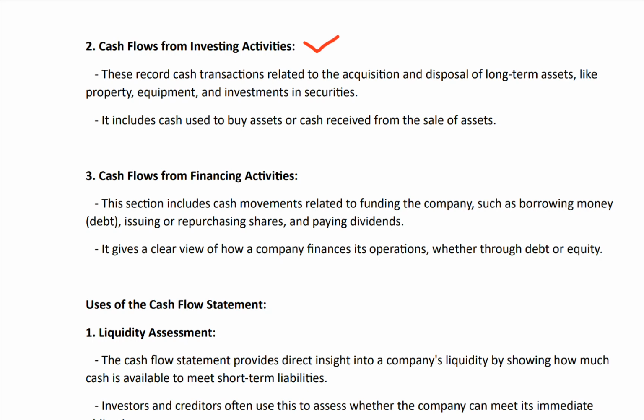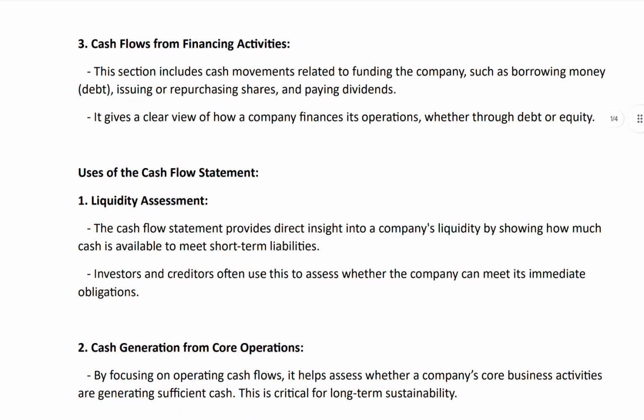So the second way for cash to flow in a business is investing activity, and the third way for cash to flow in the business is through financing activities. Just two things we can look at, that is taking a loan and repaying a loan. You know very well, when we take a loan, cash will flow into the business. When we repay a loan, cash will flow out of the business. Similarly, there are many other things like selling of shares, paying of dividends.